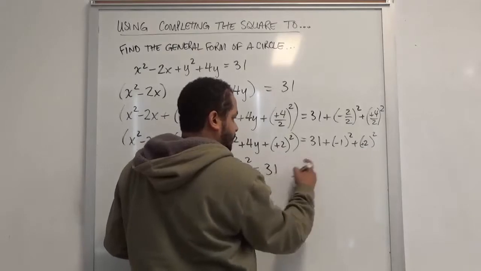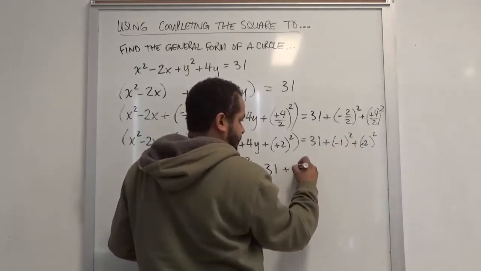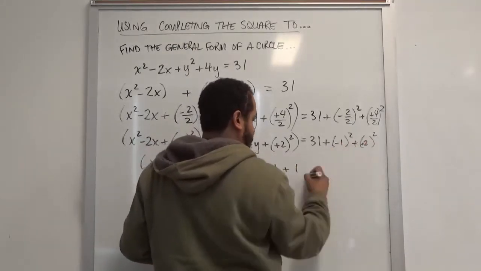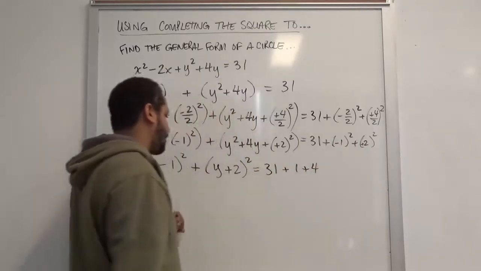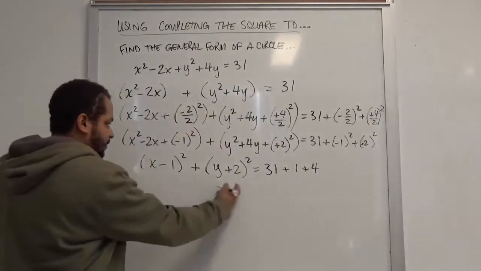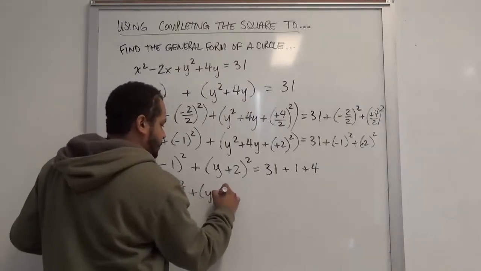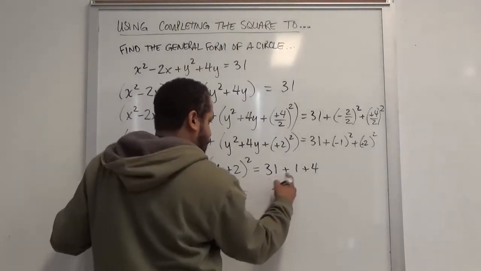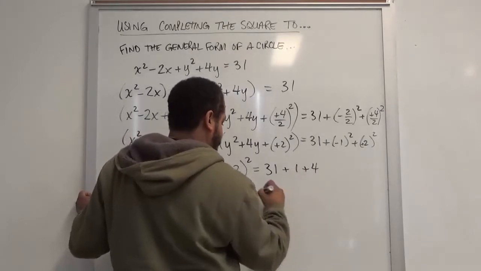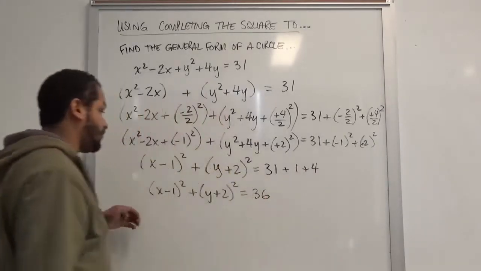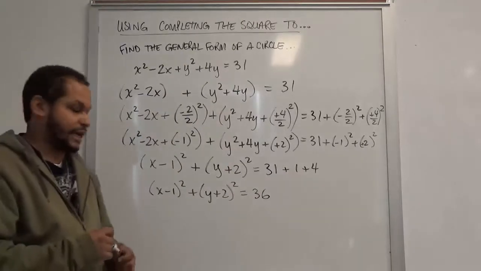So we have 31, negative 1 squared is just 1, positive 2 squared is just 4. And now we have the completed square on the left-hand side, x minus 1 squared plus y plus 2 squared equals 32 plus 4, which is 36. And here we have our circle equation. And now this is done.